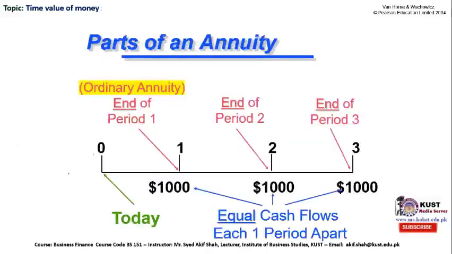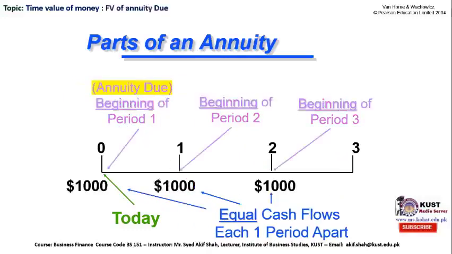This was the general pattern of making a timeline for an ordinary annuity, which represents that you are supposed to pay out or receive this yearly cash flow at the end of each year. However, the question is related to annuity due. So let's see in the next slide how the timeline looks for annuity due.